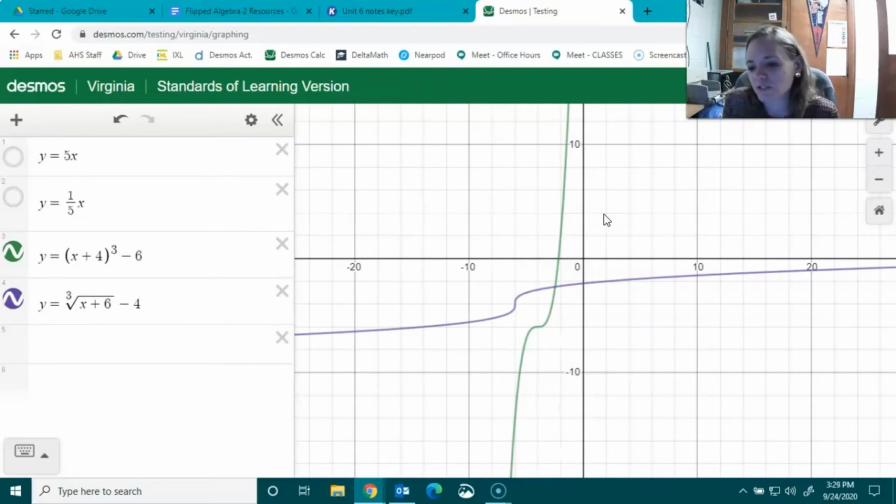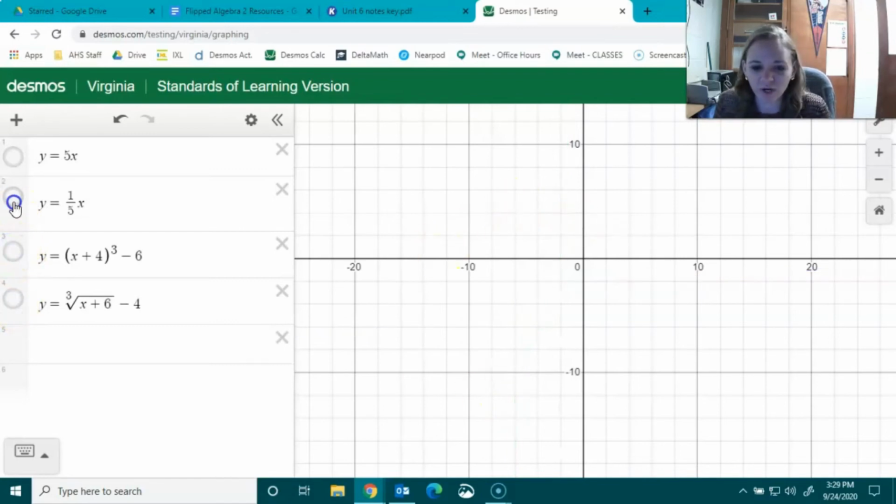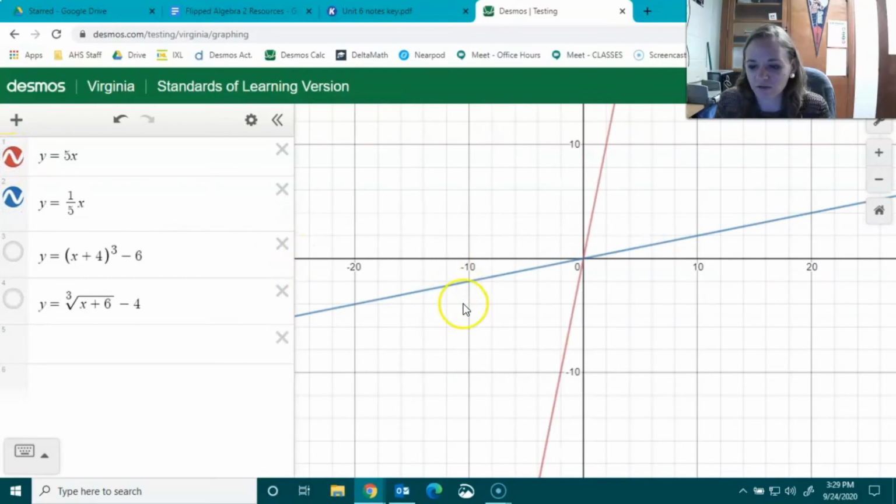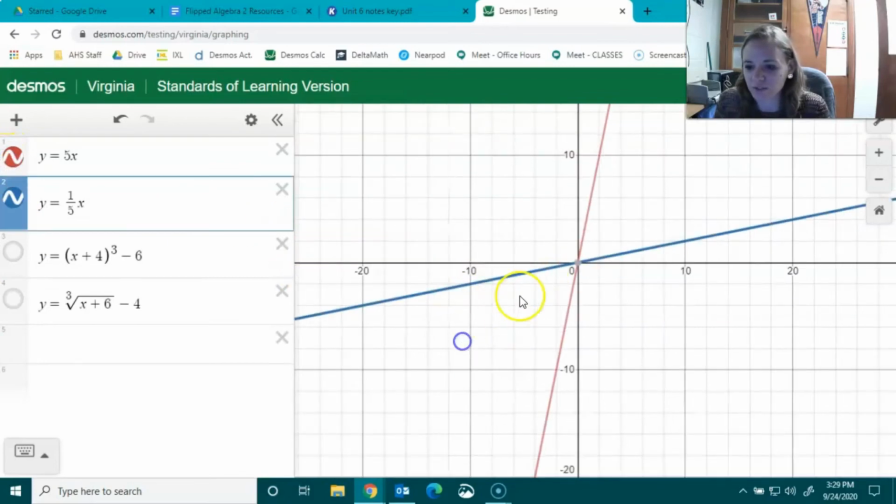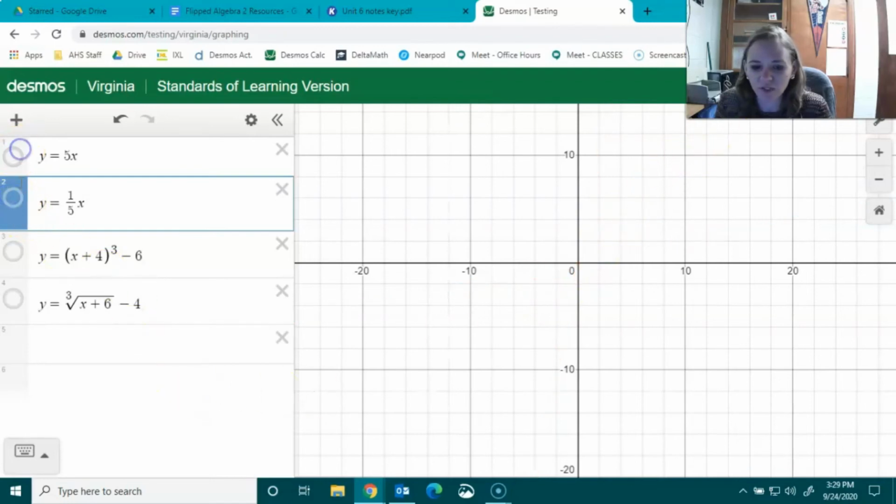So this is symmetrical, and you're going to notice that in any graph where you graph the original and its inverse, the same thing happens. We've got this line that would go right down the middle of both of these. So that's one thing to keep in mind as far as graphs to be able to tell.